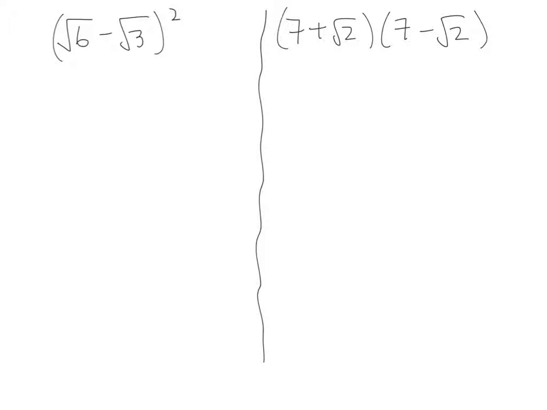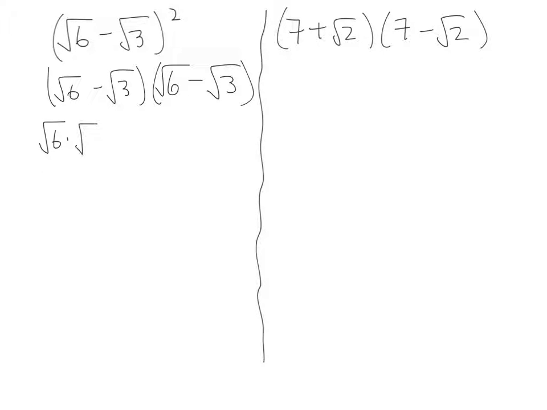Here are 2 examples of multiplying out binomials that have roots in them. So the first one is going to be a perfect square, so let's write out exactly what we're going to look at. And it's going to be root 6 minus root 3 times root 6 minus root 3. And of course what we need to do is FOIL this out. So the first is going to give us root 6 times root 6.